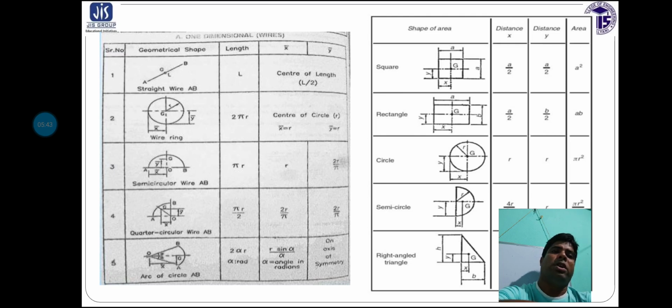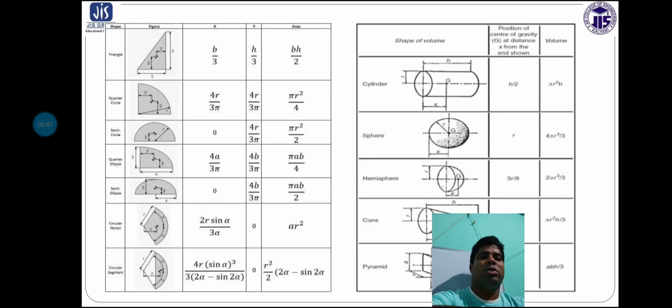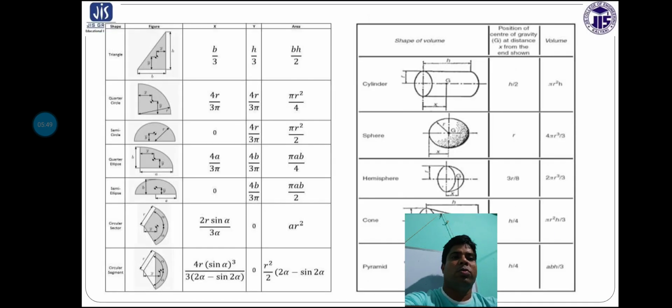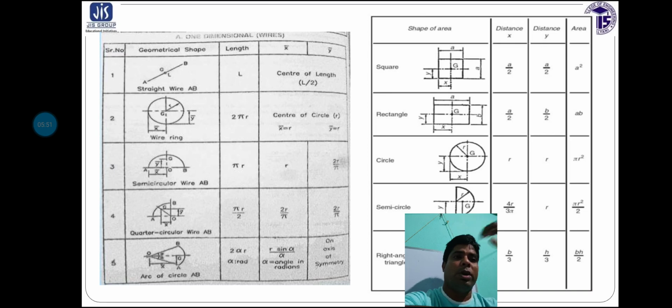And if I consider semicircle, the distance will be 4r by 3 pi in x bar, y bar is equal to r, and area will be pi r square by 2.